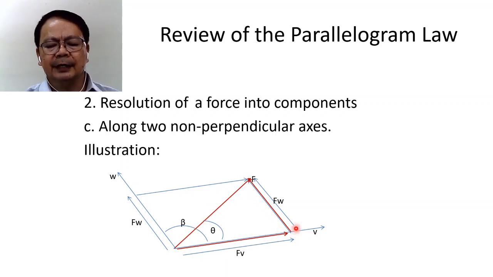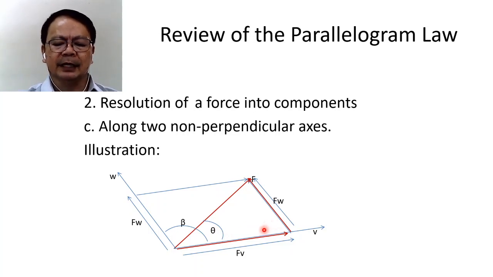Now, in this triangle, what elements of the triangle are known? If R is known and theta is known, then we need to know at least another element in order for the remaining elements to be computed. Now, I'd like you to look at this angle. Do you think we can compute this angle? Yes, because if this angle is beta, then that angle shall also be equal to this angle.